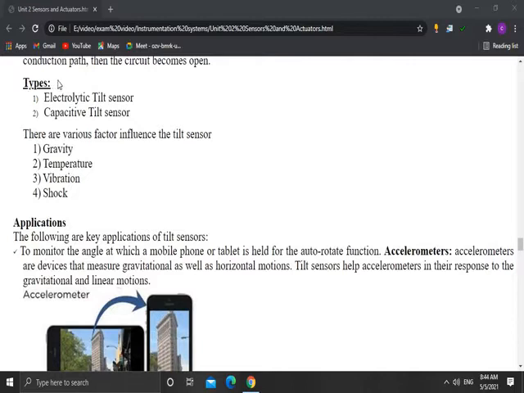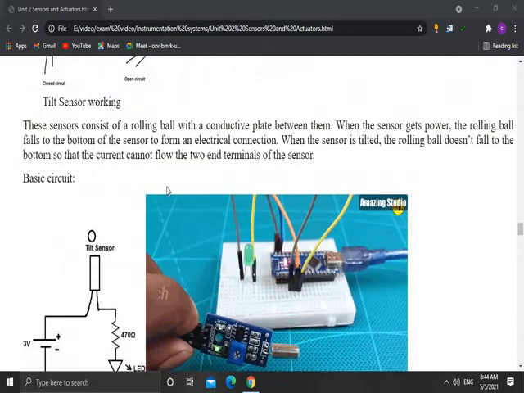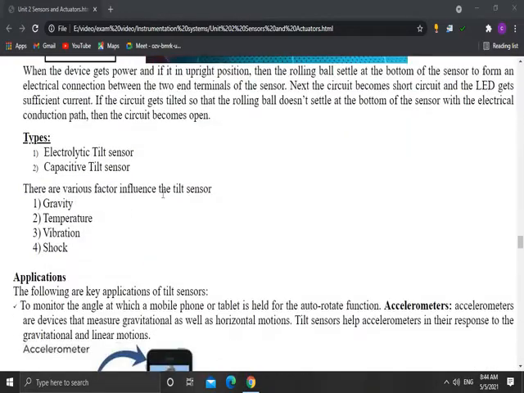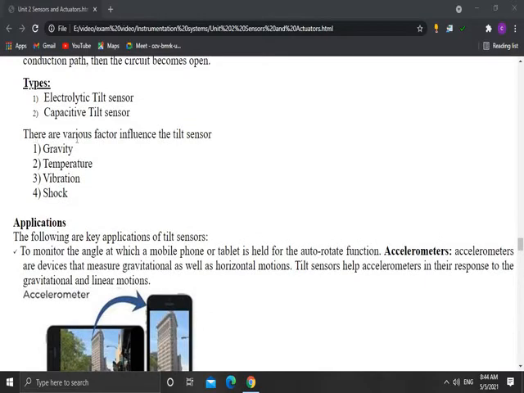There are various types of tilt sensor: electrolytic tilt sensor, capacitive tilt sensor, metallic tilt sensor, and many others. There are some factors which influence the output of a tilt sensor, like gravity, temperature, vibration, and shock. Means if it is vibrating more, then the tilt sensor will not show the exact angle.